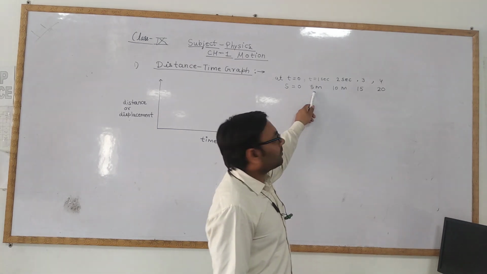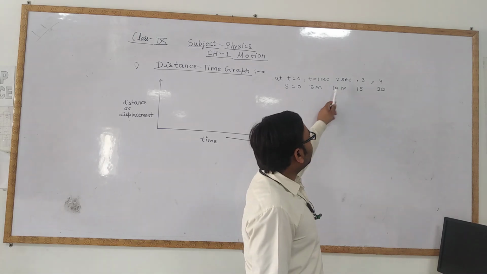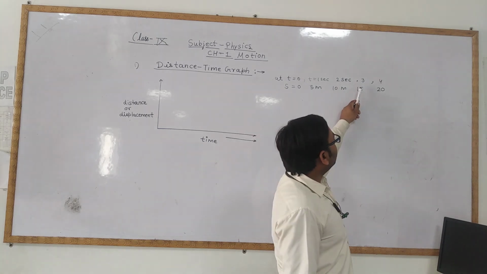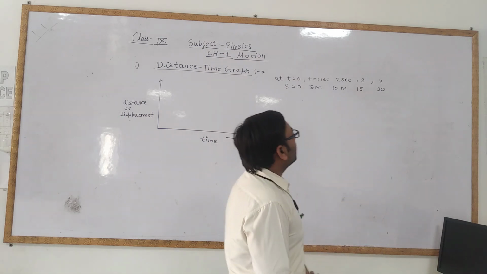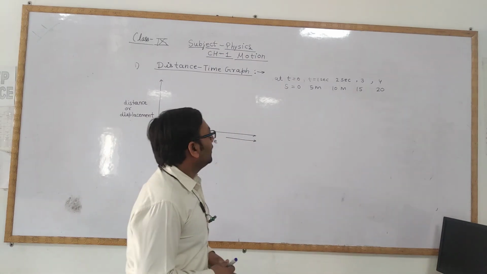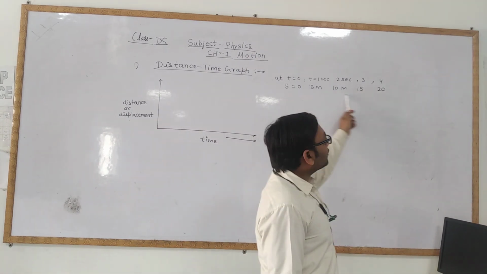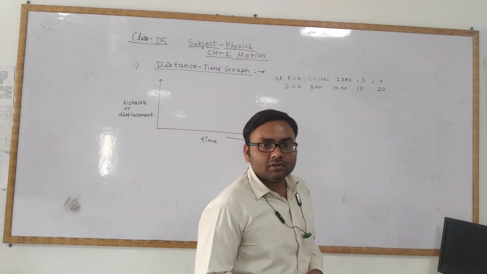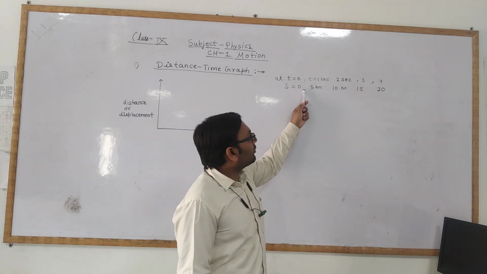After 1 second the displacement becomes 5, after 2 seconds it becomes 10, after 3 it is 15, and after 4 seconds it is 20, and it goes on in this way. Such type of motion is the uniform motion, which we have already discussed in the class. This motion has to be described.